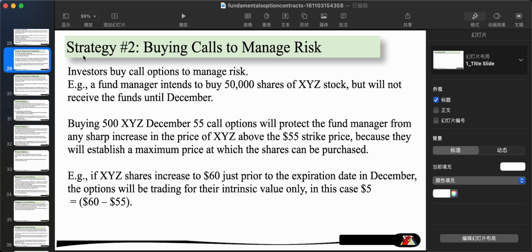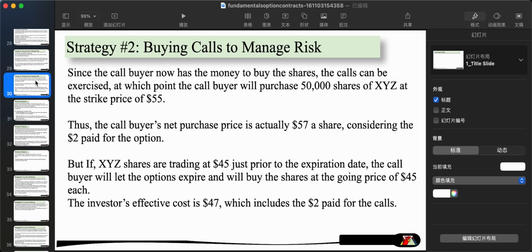You get that $5 of intrinsic value. Since the call buyer now has the money to buy the shares, the calls can be exercised, at which point the call buyer will purchase 50,000 shares of XYZ at the strike price of $55. Thus, the call buyer's net purchase price is actually $57 per share, considering the $2 paid for the option.